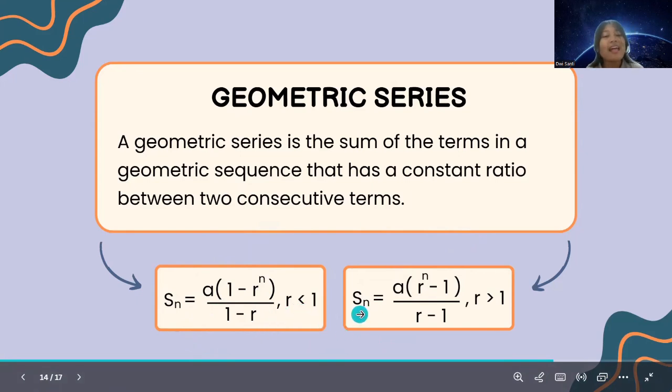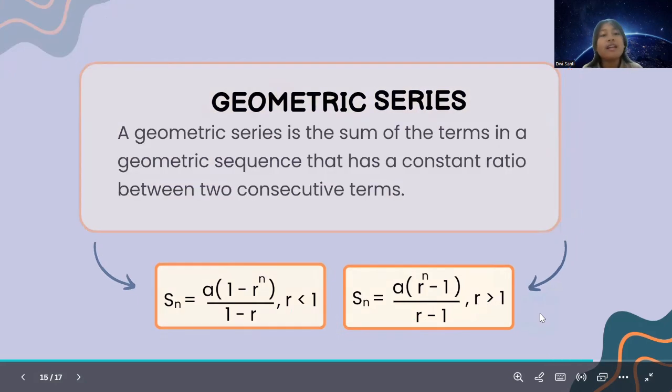And Sn equals a multiplied by (r to the power of n minus 1) divided by (r minus 1), when r is greater than 1.